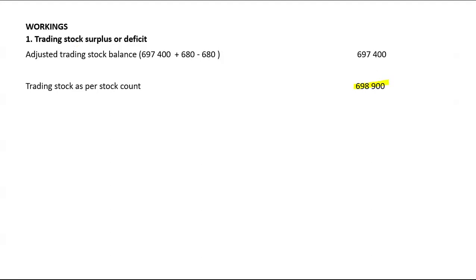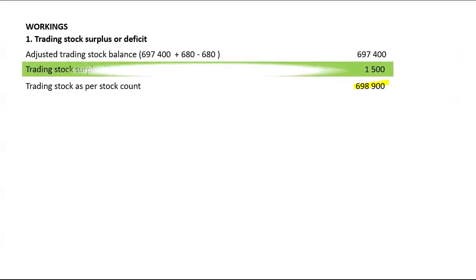So the one that is in the pre-adjustment trial balance that we have just adjusted, by the way, will have to be adjusted up. And when we adjust it up, that upward amount that we need to adjust it by is trading stock surplus. So 1,500 will be our trading stock surplus.